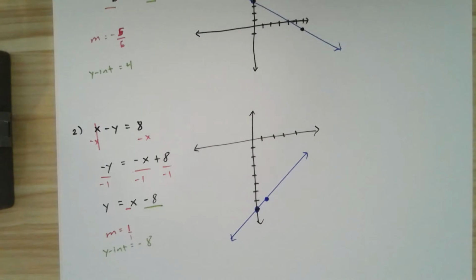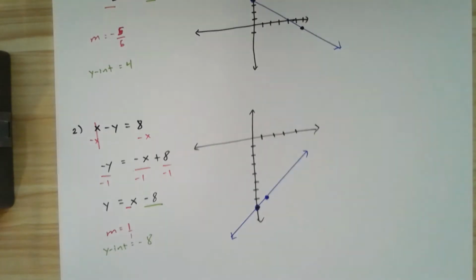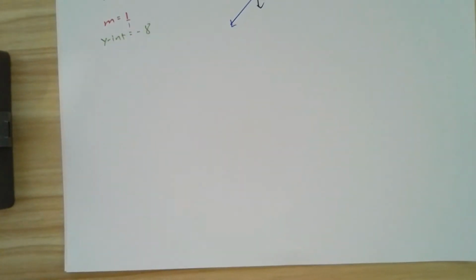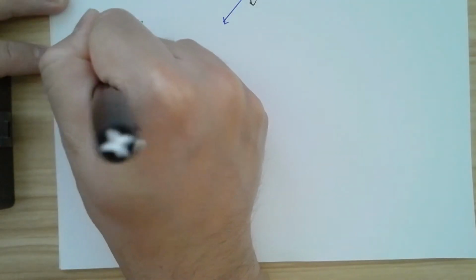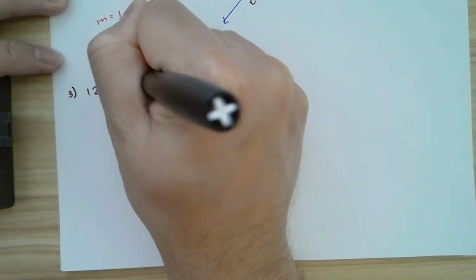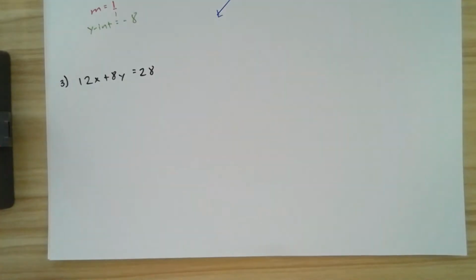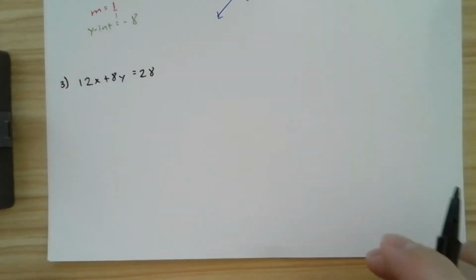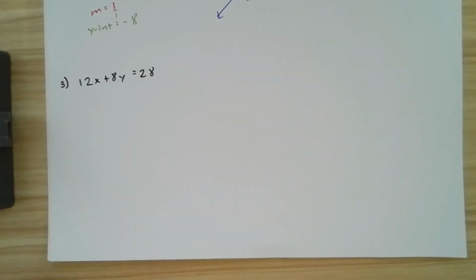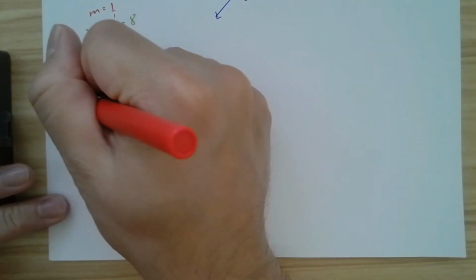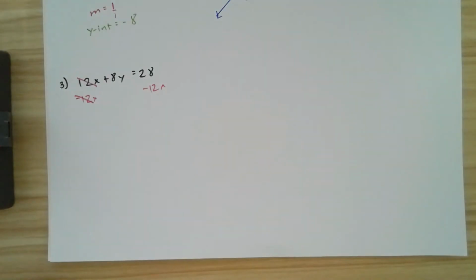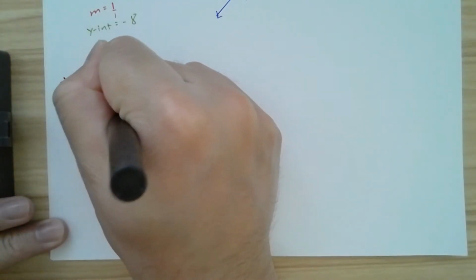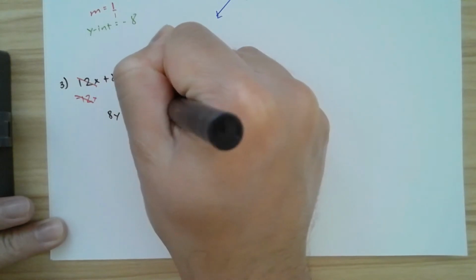Next example. Let's do this one. So it's not in slope-intercept form. I gotta get it into slope-intercept form, so solve for y. I'm gonna subtract 12x. Then I get 8y is equal to negative 12x plus 28.